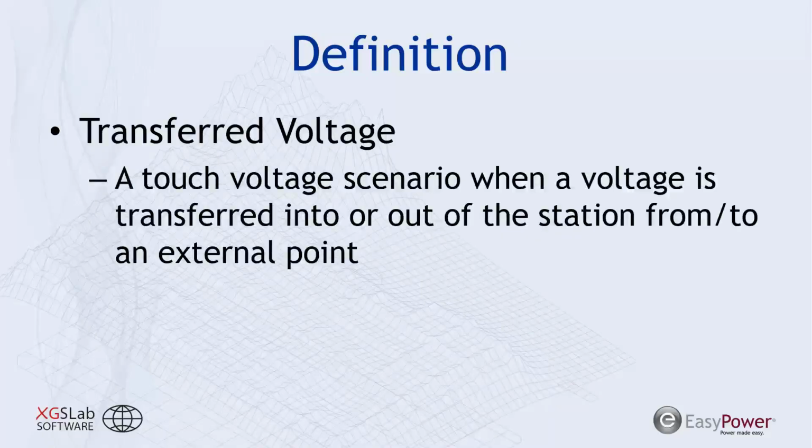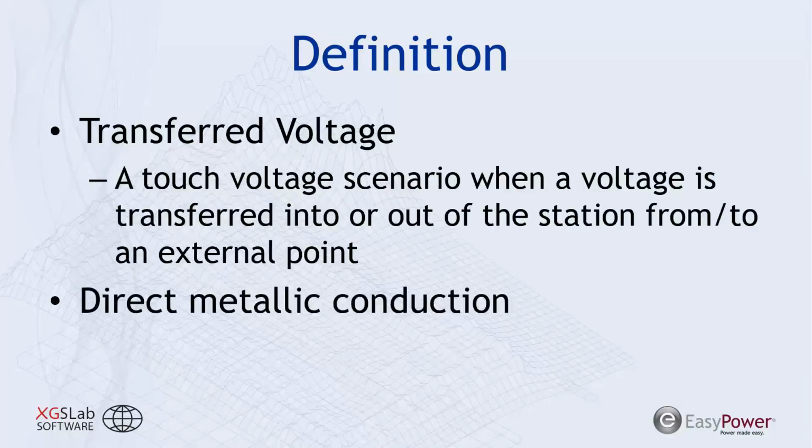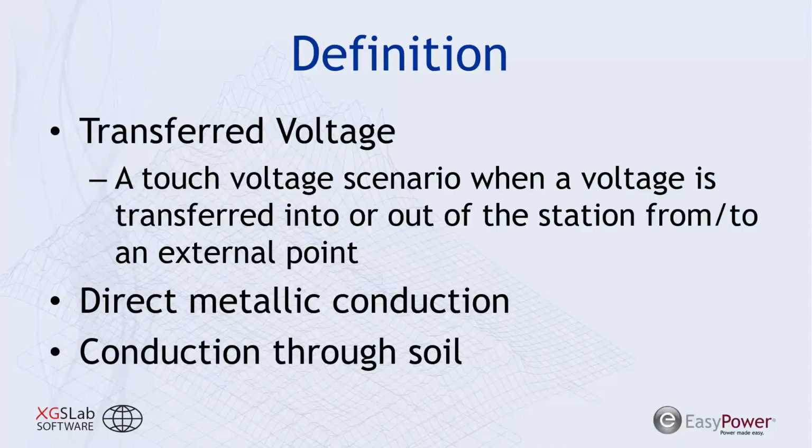A transfer voltage is a unique or special sort of touch voltage scenario where we are having voltages either transfer out of a substation or grounding system to an external point, or it's being transferred in. And you could have this either as a direct metallic conduction or a conduction that is through the soil. And you'll be able to see this as we step through some of our identifications in the next slides.